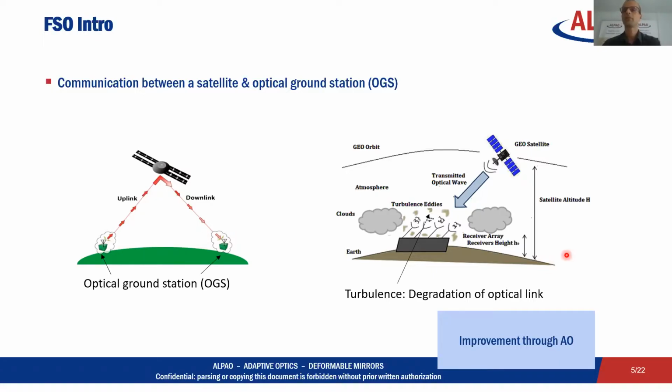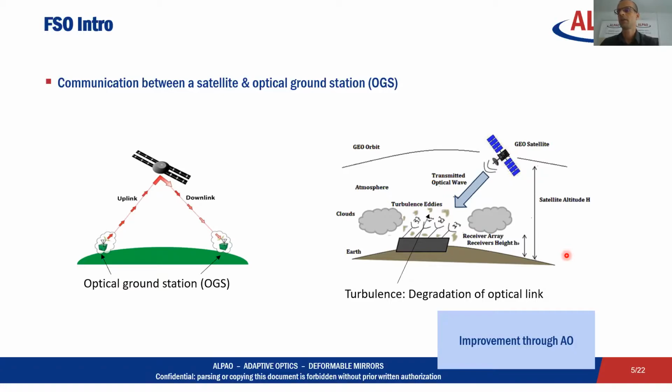In this scenario, the light needs to traverse the atmosphere. As you know, the atmosphere is composed of different layers of air with different densities and different temperatures. It's an inhomogeneous medium with different wind speeds.